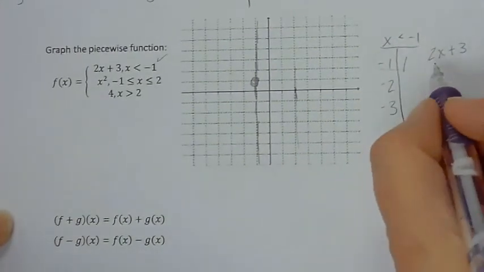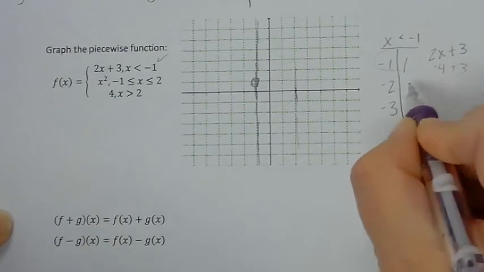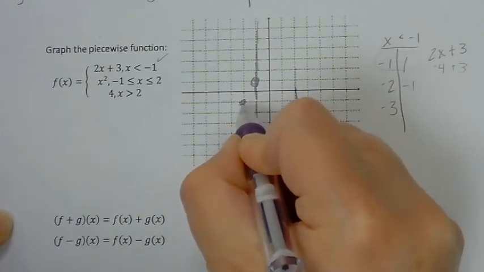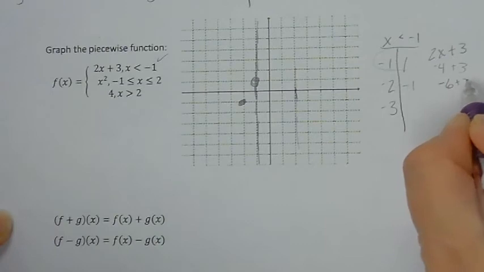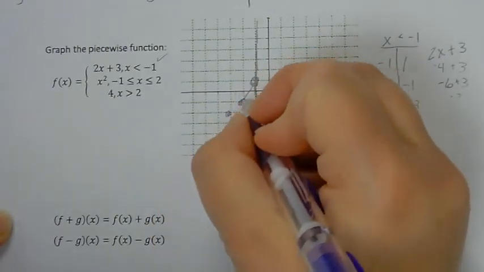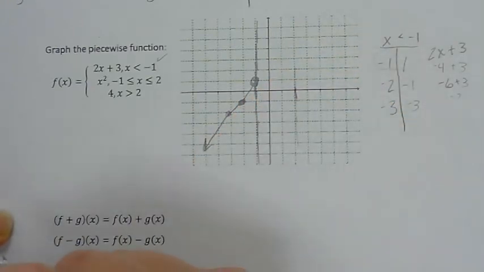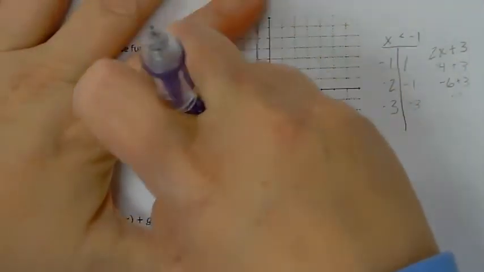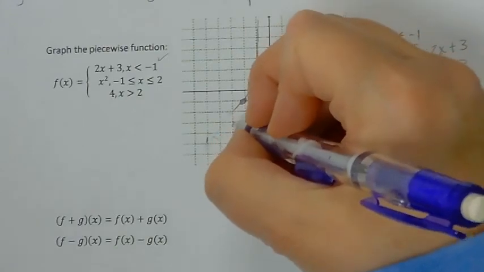Okay, let's try -2. 2 times -2 is -4, plus 3 is -1. So at -2, I'm at -1. What about -3? 2 times -3 is -6 plus 3, which is -3. So this part of the graph looks something like this. It did not go down correctly. Should be -3, -3, like this.